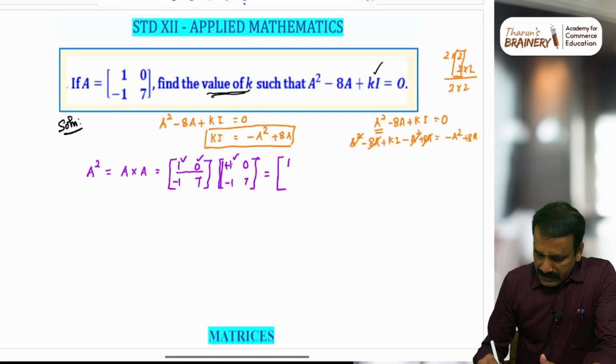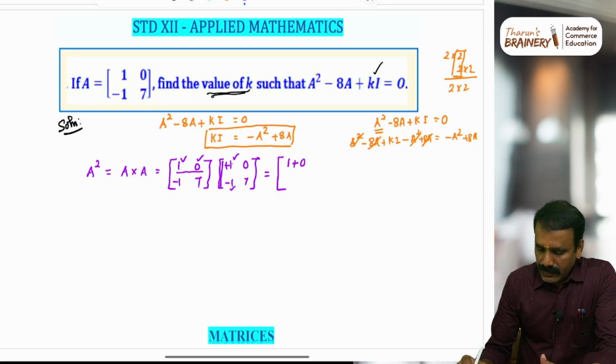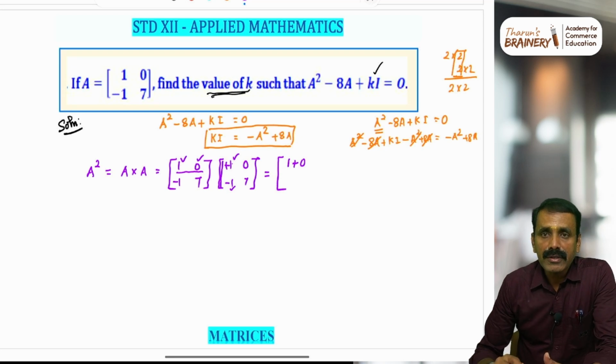Second element is multiplied with the second element. So we have to multiply 0 with minus 1. What is 0 into minus 1? It is 0. So we put a 0 directly. Okay. So we have no other element in the first row and no other element in the first column. So the product of the first row with the first column is over.